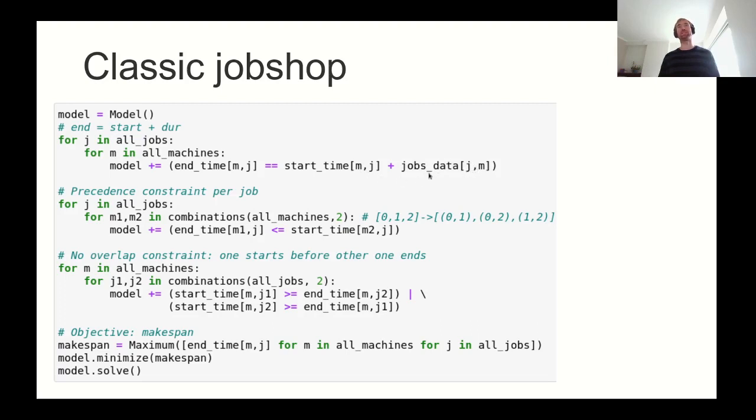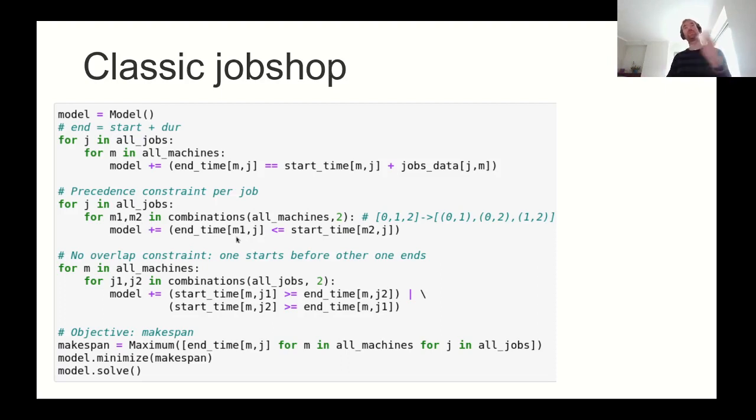Now notice that these two are switched, their indices, which is just the way that we got the data. All right, and then precedence constraints. In this case, a job first has to finish a task on machine 0 before it can run a task on machine 1, before it can run a task on machine 2. And so that's what this expresses.